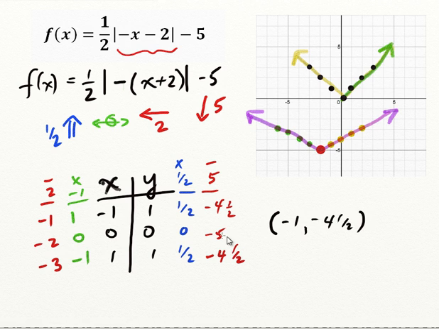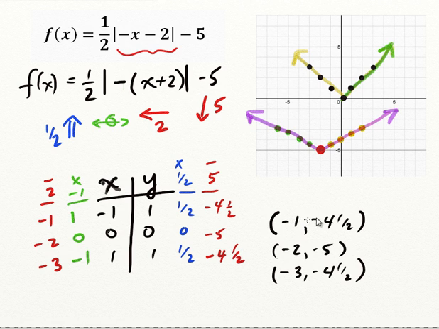We've got -2 and -5. And we've got -3 and -4.5. Okay, so let's just check and see if these values actually exist on this new graph.